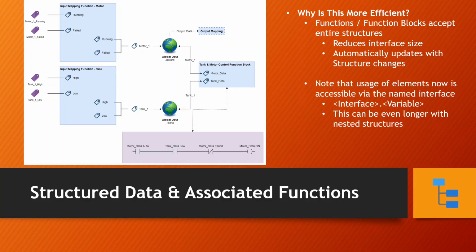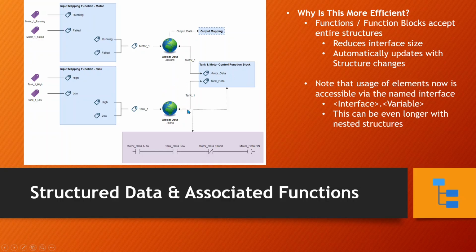So from an architecting point of view, where you might have a more senior programmer developing function blocks for more junior programmers, it ensures that one of those stepping stones of am I passing the right information to my function block is made much, much easier through structures. Not only that, you can then drop many different instances of this tank and motor control function block and then pass motor 1, motor 2, motor 3, motor 4.